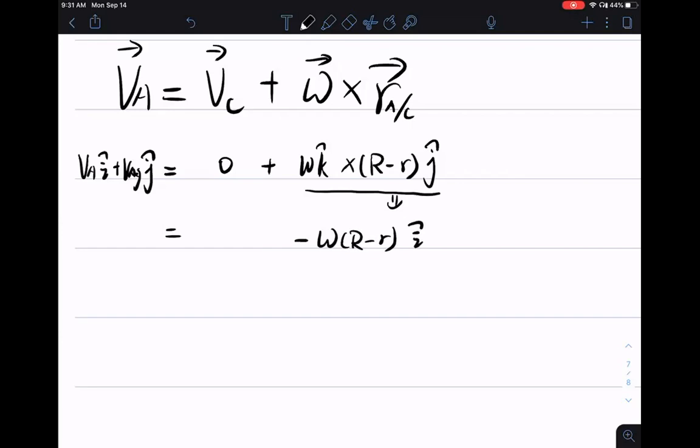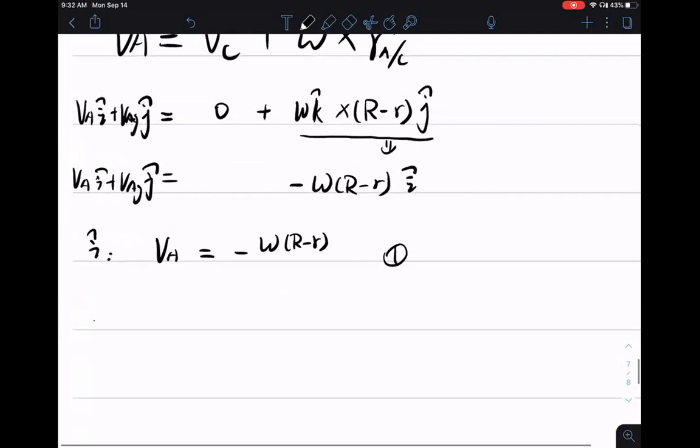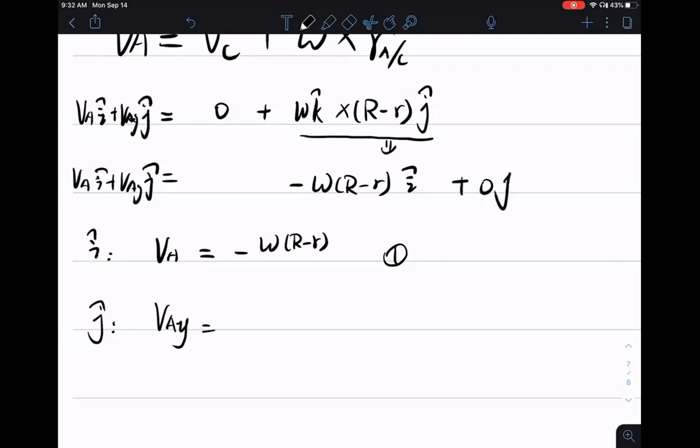Now we can keep the same. Now we can write down the scalar equation on i direction. VA is going to equal whatever is in front of i. VA equals negative omega (R minus r). That's the first scalar equation. On j direction, we have VAy equals 0. That's our second scalar equation.